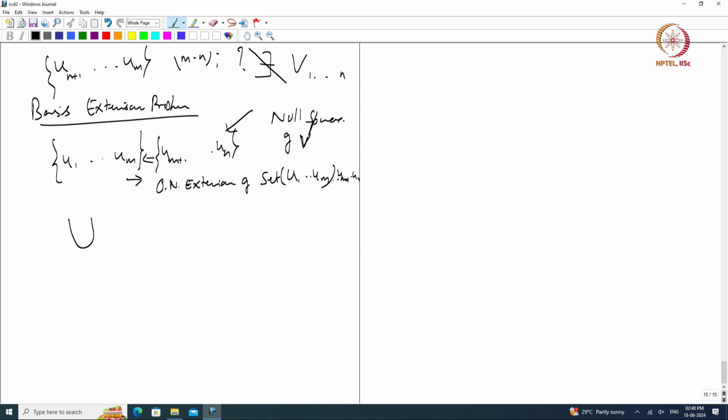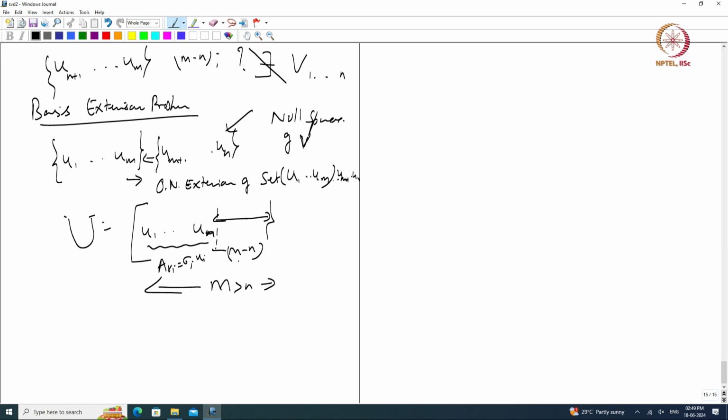So, now you have U, which is u1 all the way to um, which came from A V i equal to sigma i u i. Because this dimension is m, which is greater than n, you can find m minus n non-zero vectors which are linearly independent of the set u1 to un. That is all that is needed.